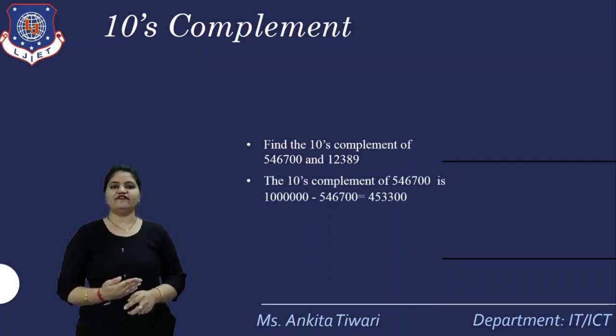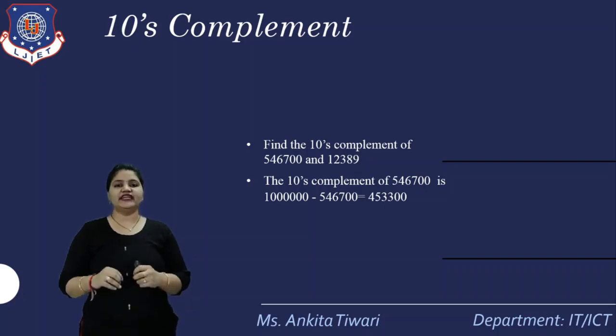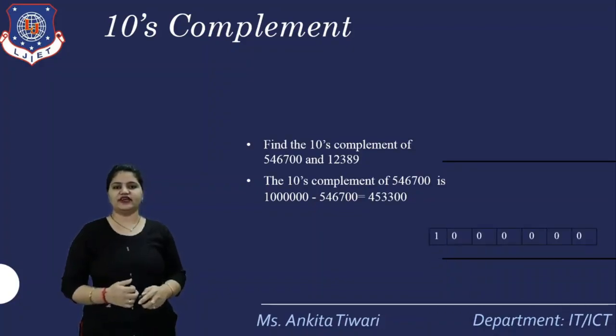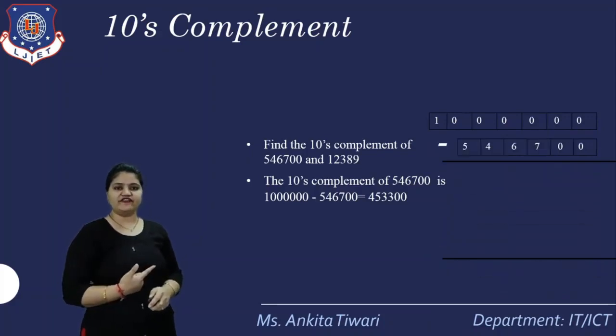Tens complement of 546,700. As we can see, it comprises 6 digits. So the formula will be 10 raised to 6 minus the number that you need to complement, that is 546,700. So 1 followed by 6 zeros minus 546,700, you will get the answer.